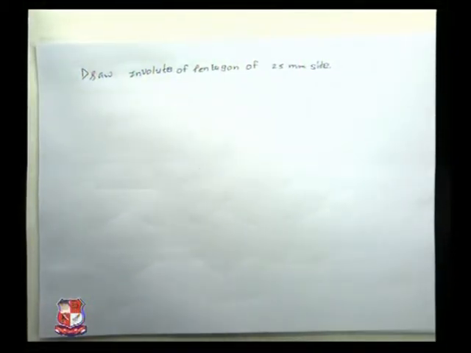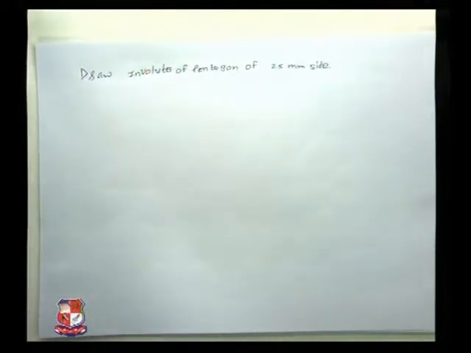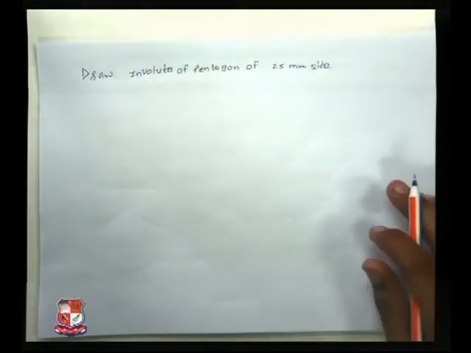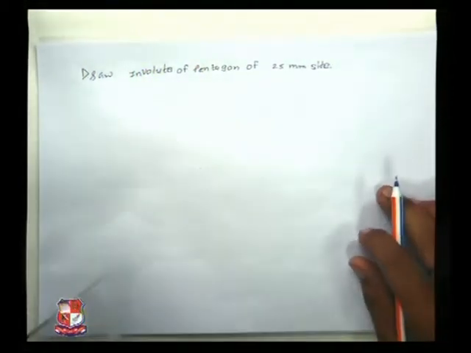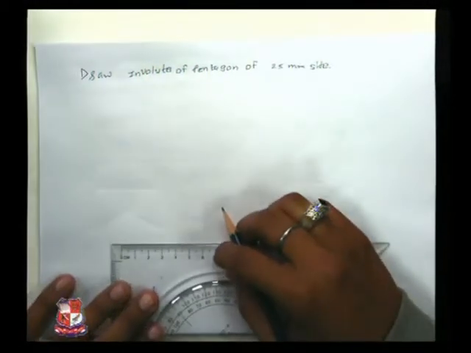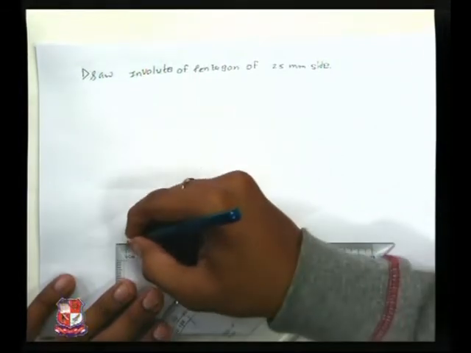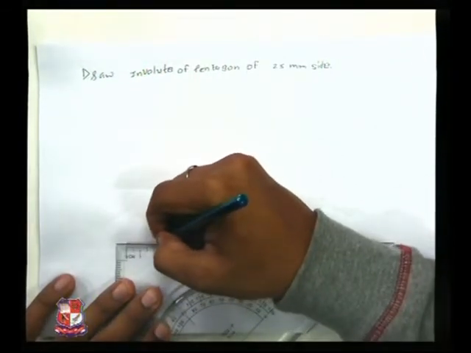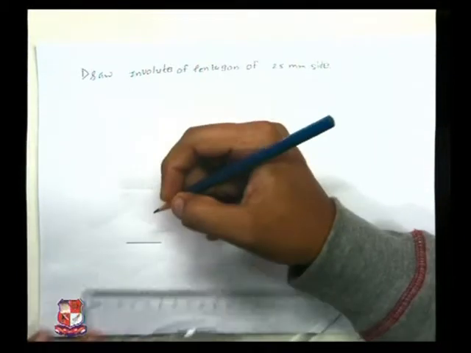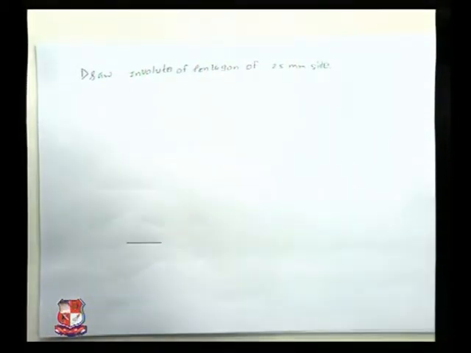First of all, we will draw a pentagon. You can draw a pentagon using either the 3-circle method, or you can draw it using angles. I am using the 3-circle method over here. Drawing a line of 25 mm in the 3-circle method.